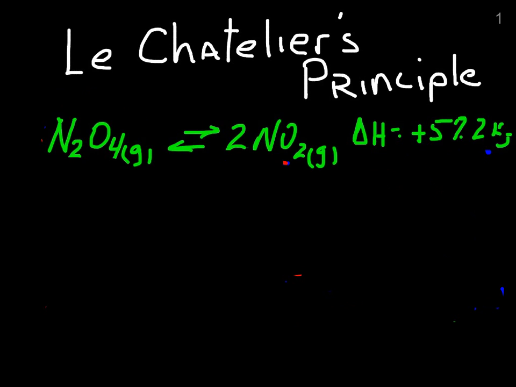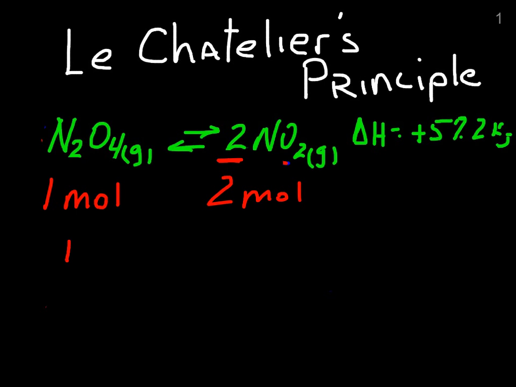As I read this, the coefficients tell me that there's 1 mole of reactant and there's going to be 2 moles of products. So when we're dealing with pressure, it all has to do with how much space each individual reactant or product is taking up inside the reaction container.